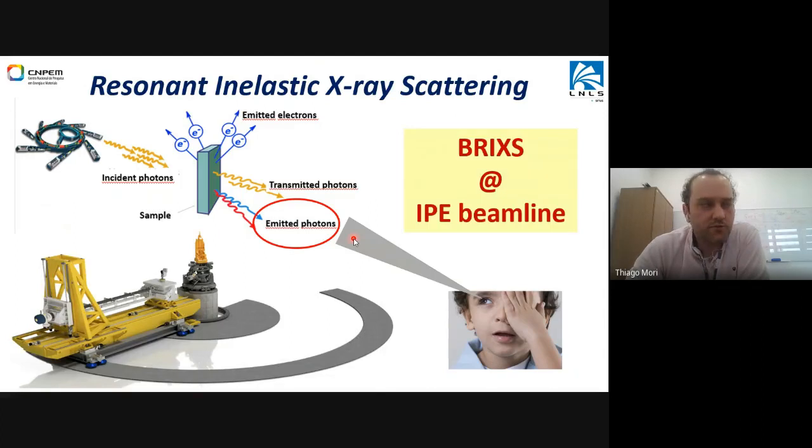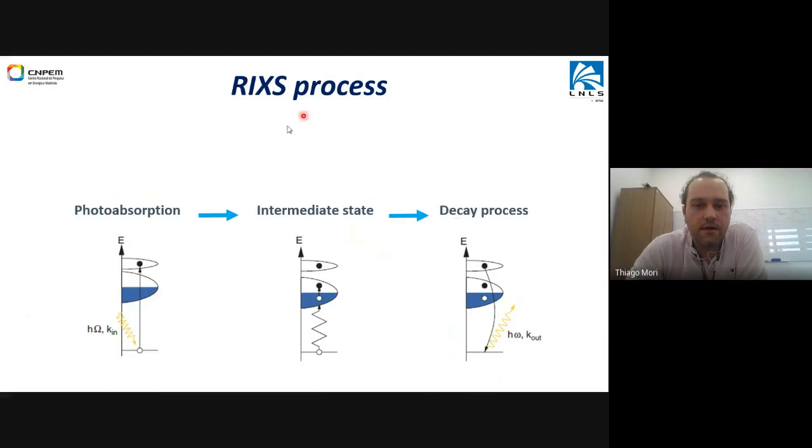And to do that, we are building here at one of the Sirius beamlines this monster here, whose weight is about 6 tons, and it measures about 6 meters. So it's a monster, which we call the BRICS, the Brazilian Resonant Inelastic X-ray Scattering Spectrometer, at the IP beamline, which is the beamline where I'm working.